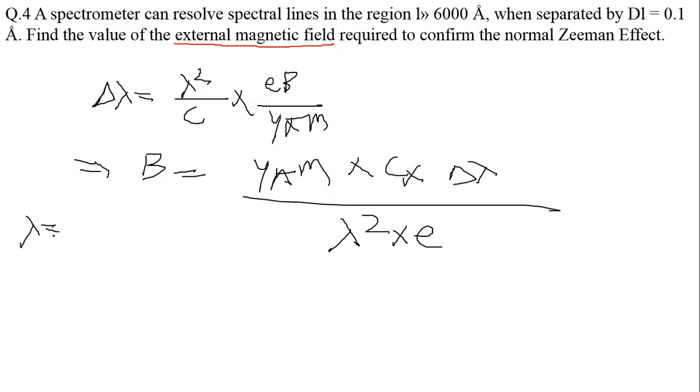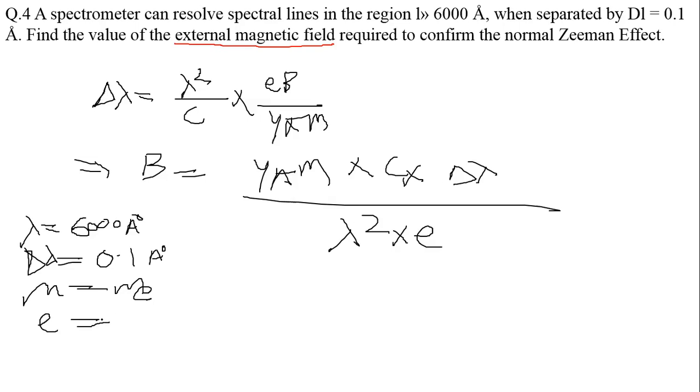The values are lambda equals 6000 Angstrom, delta lambda is 0.1 Angstrom. m, you know, is the mass of electron, e is the charge of electron, c is the velocity of light in vacuum.